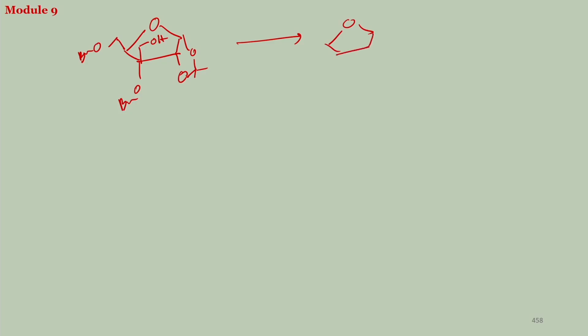Oh, before that, if I unlock this, there will be one reaction here, either this has to react here or this OH has to react here and open up, eliminating one hydroxyl. Elimination of 1 hydroxyl is required here, and if you want to eliminate that, this is not a good leaving group. So, tosyl chloride, I will make it a good leaving group first and then we will eliminate. This becomes O tosylate.